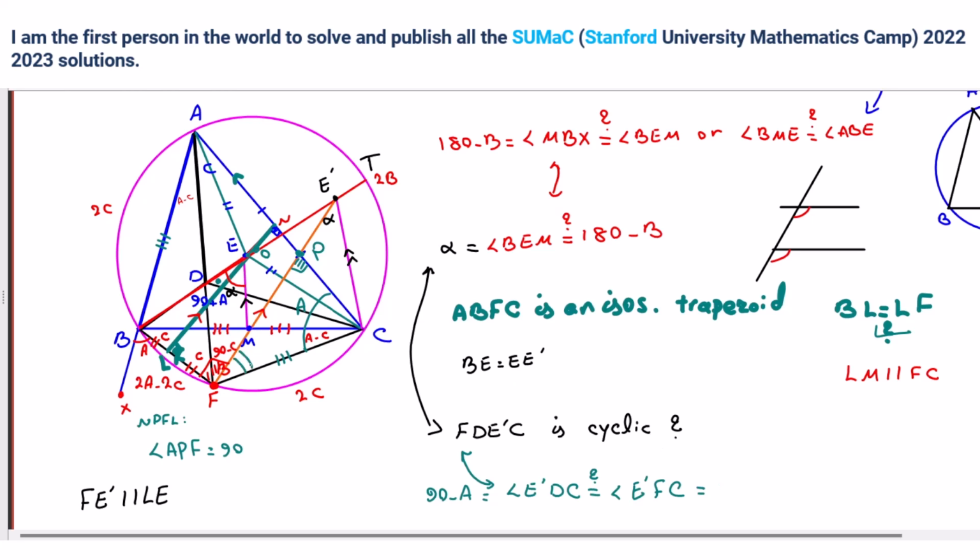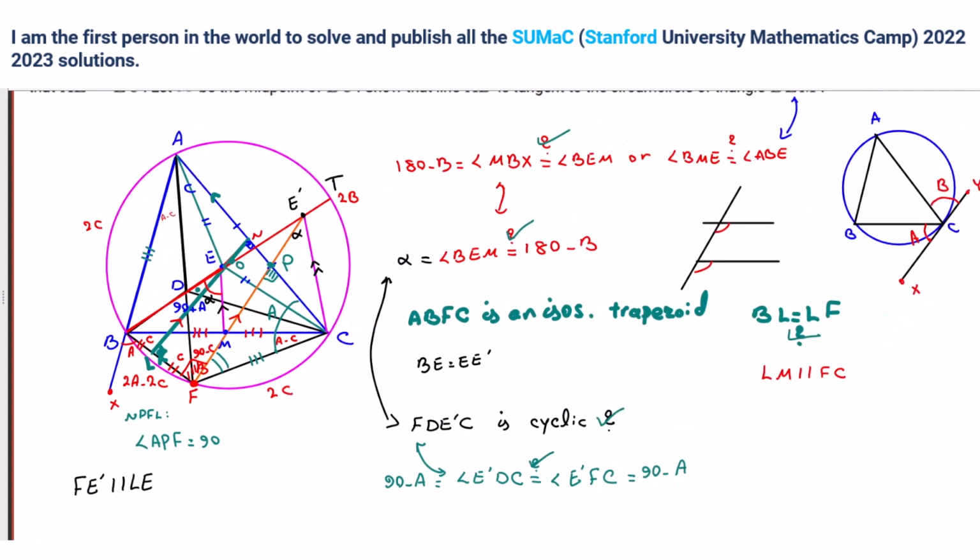Do you need a hint? Yeah. Look, this is 90. This is A. So in this triangle, one angle is 90, one angle is A. So what's the third angle? 90 minus A. Finished. So these are 90 minus A. So we prove this cyclic, right?